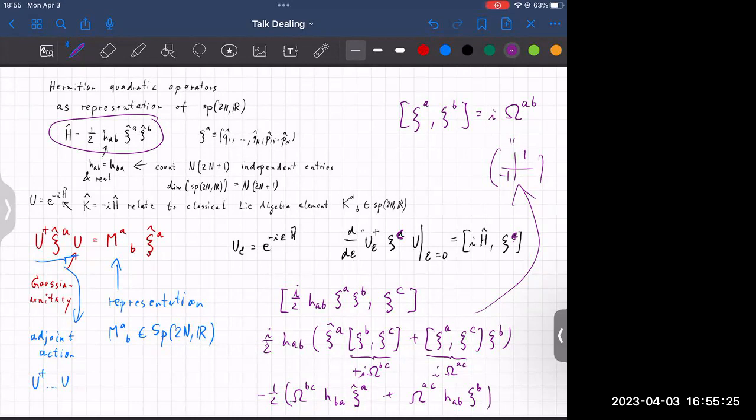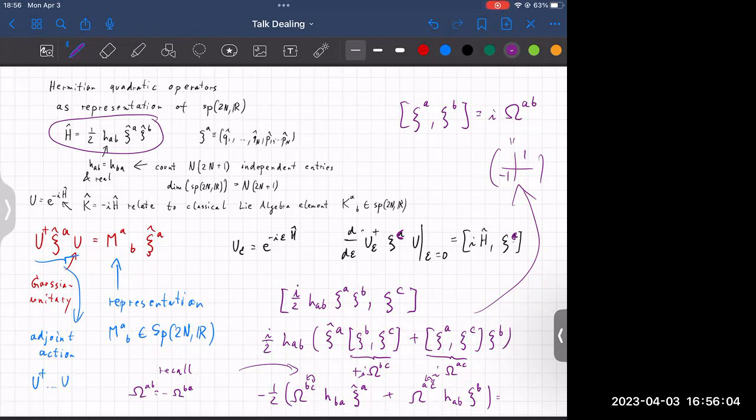And of course, I can now relabel my indices. First of all, I can interchange B and C, but omega is antisymmetric. So recall omega_AB is equal to minus omega_BA. It's an antisymmetric form. I do the same thing here as well, and I pick up a minus sign that cancels the other sign.